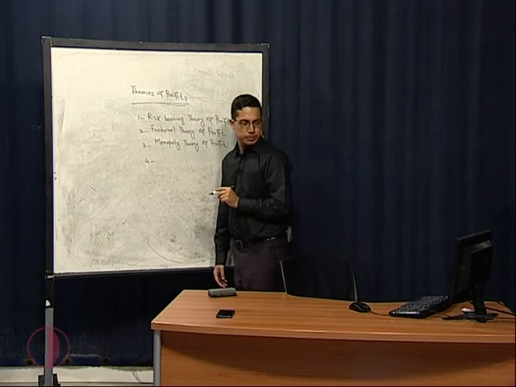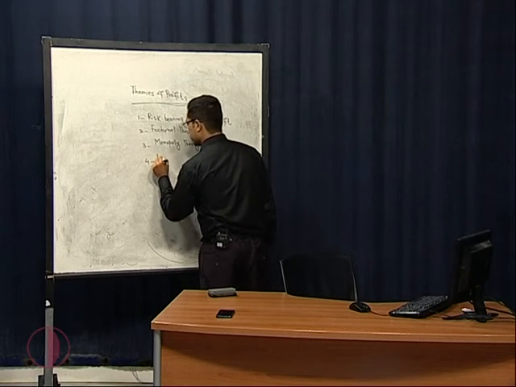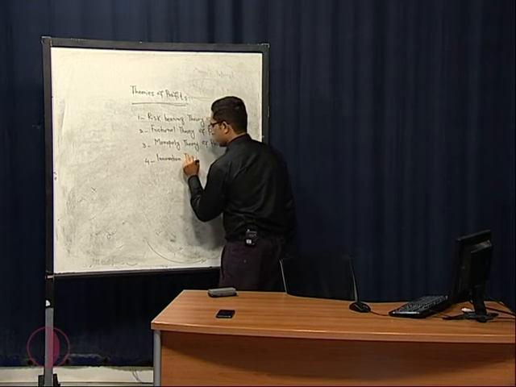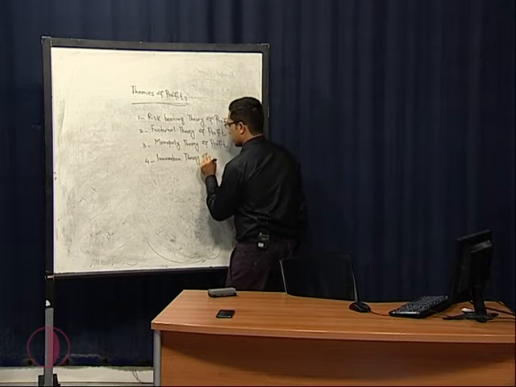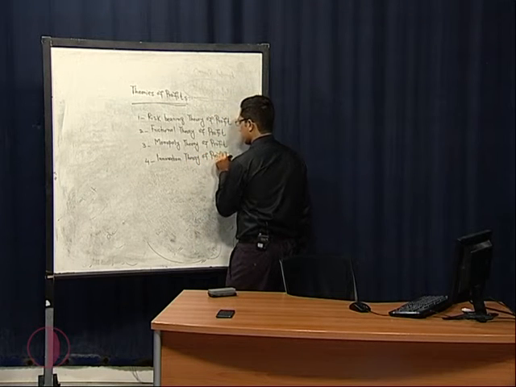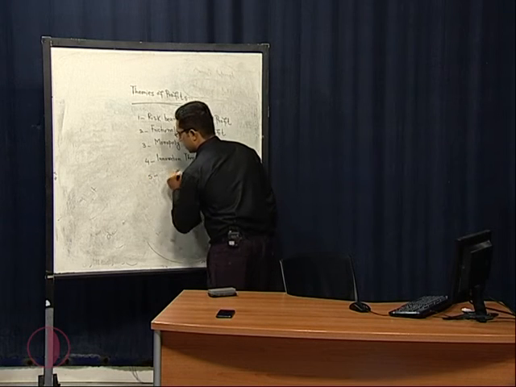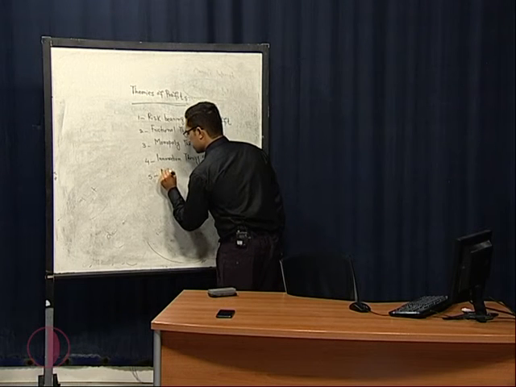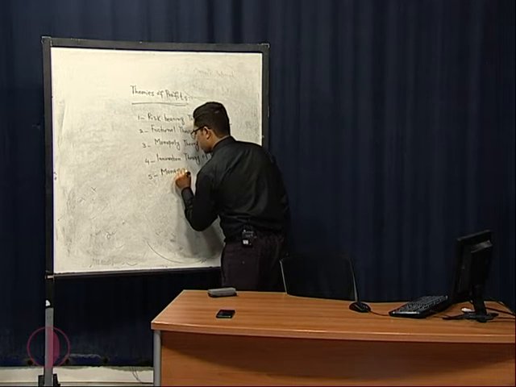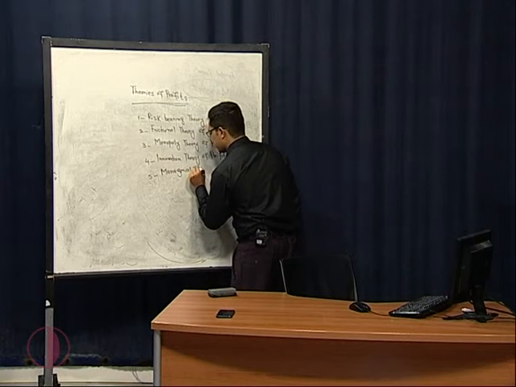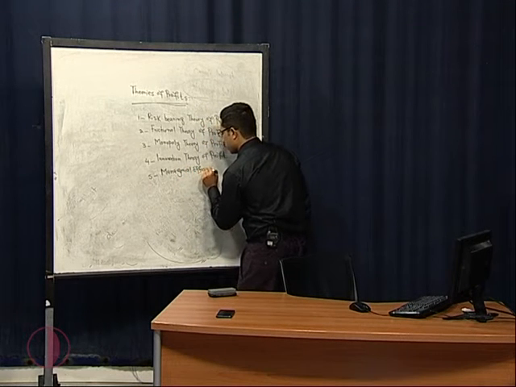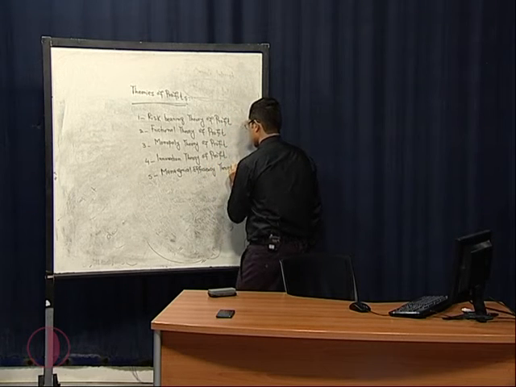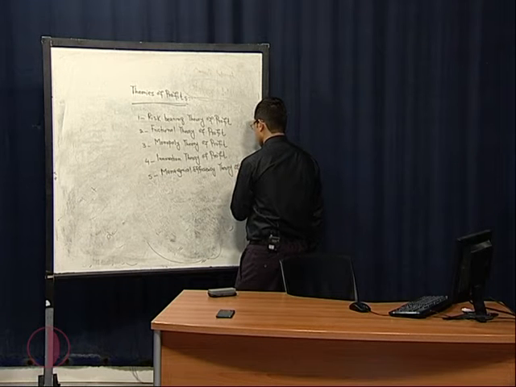The fourth one is the innovation theory of profit. And the fifth one is the managerial efficiency theory of profit.